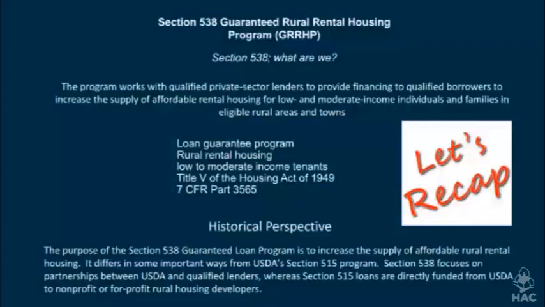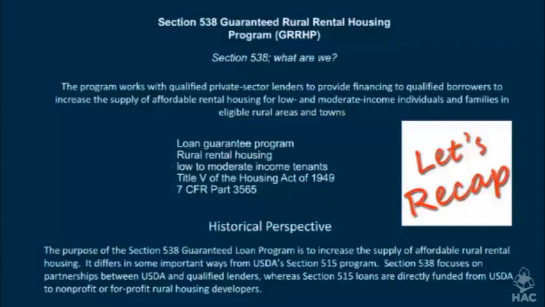So the Section 538 Guaranteed Rural Rental Housing Program, what are we? We are a guaranteed program. The purpose of the Section 538 program is to increase the supply of affordable rural rental housing in eligible rural areas. The program works with qualified private sector lenders to provide financing to qualified borrowers, and again to increase the supply of affordable rental housing for low and moderate income individuals.